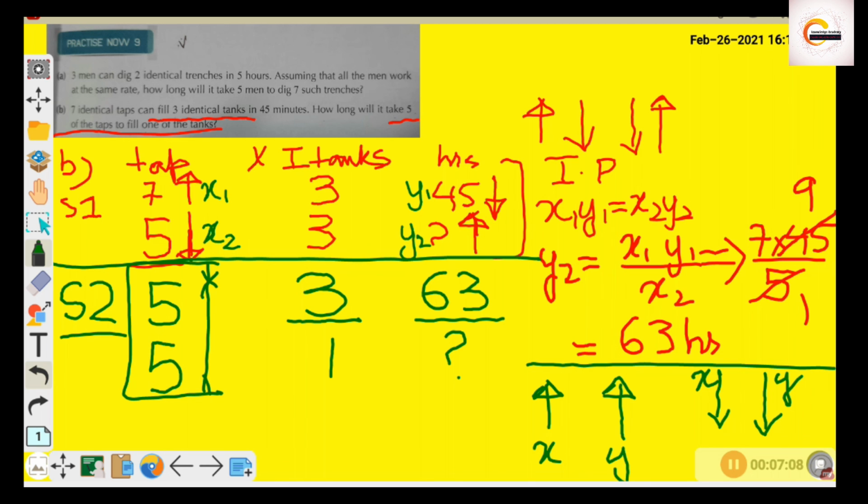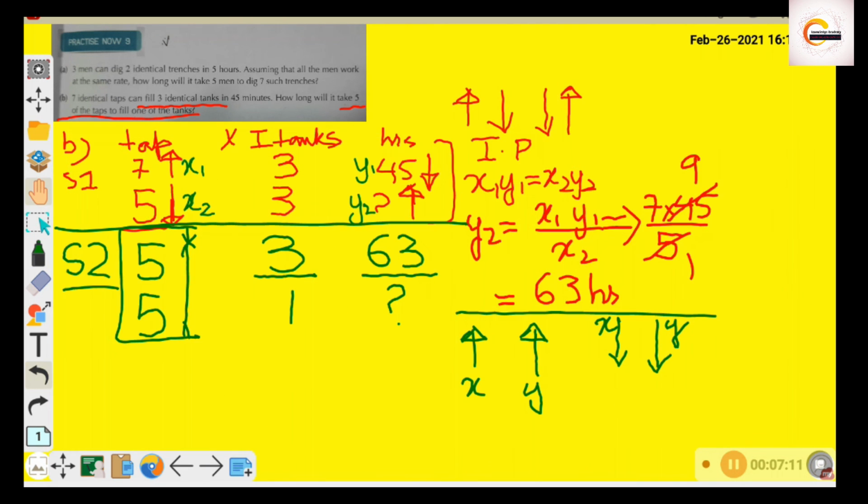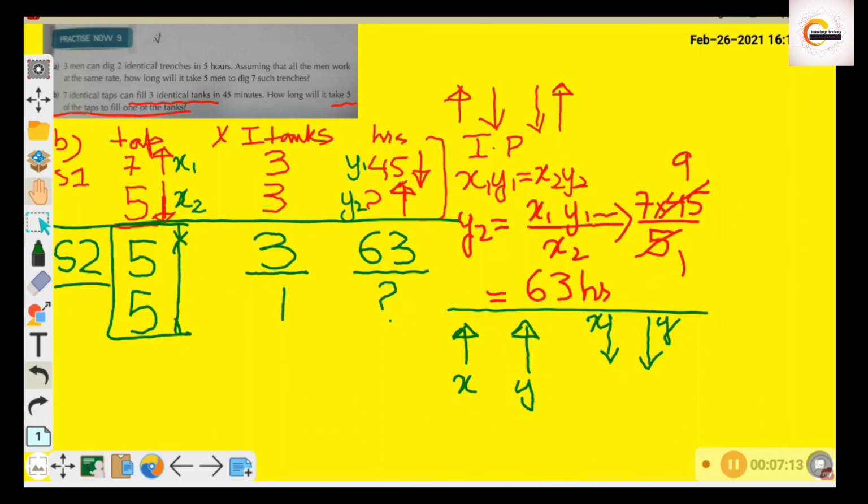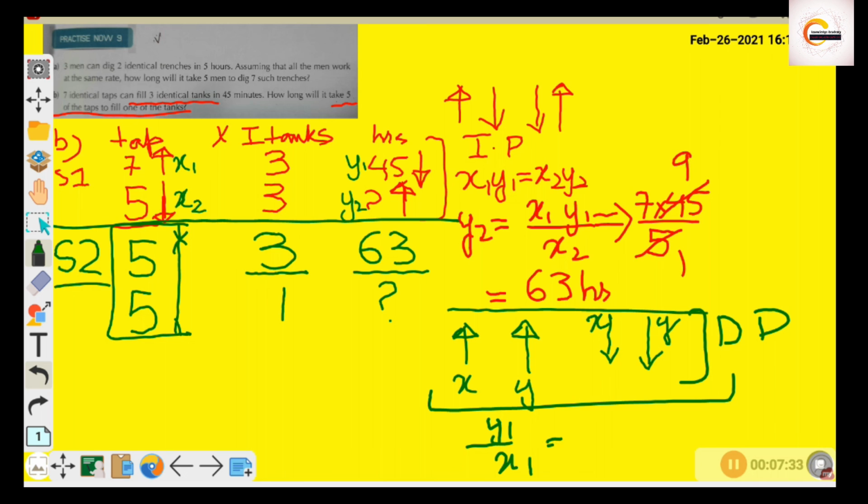Yes, this is the relationship of direct proportionality. And what formula we use in direct proportionality? When 3 variables are known and 1 variable is unknown, y1 over x1 is equals to y2 upon x2.